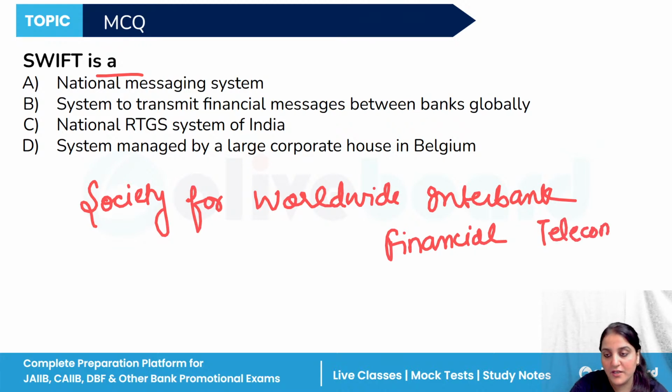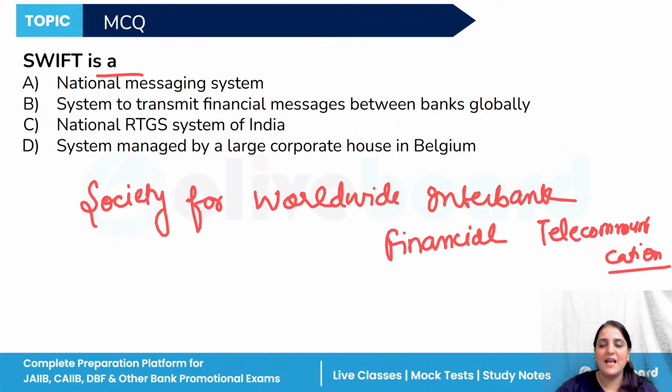It is a network that enables banks and financial institutions worldwide to send and receive information about financial transactions in a secure, standardized, and reliable environment. So the correct answer is here, a system to transmit financial messages between banks globally.